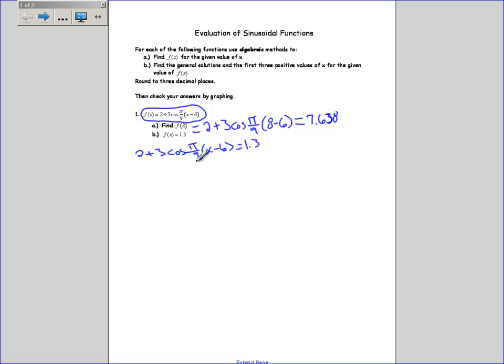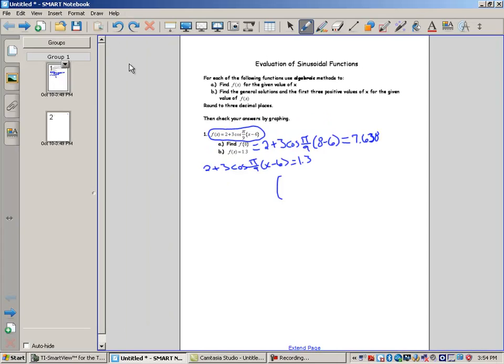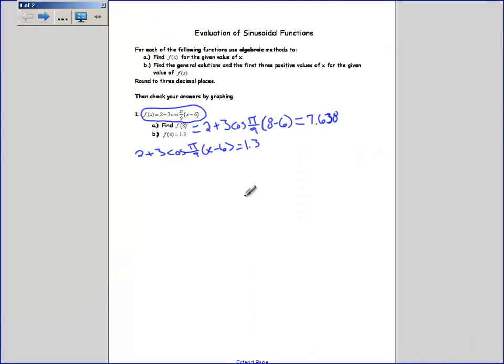Okay, so the first thing I'm going to do here is subtract 2 and then divide by 3. So this will give me the statement cosine of pi over 9 times x minus 6 equals, now 1.3 minus 2 is negative 0.7.